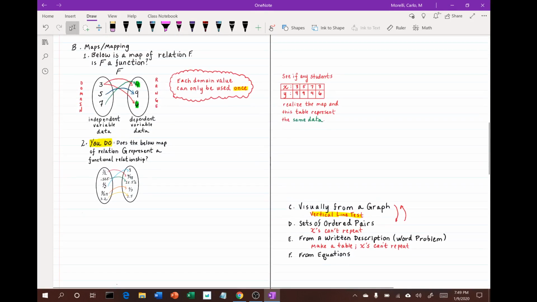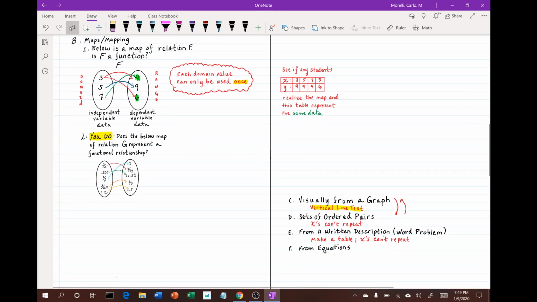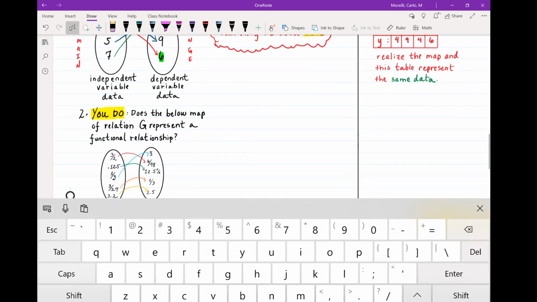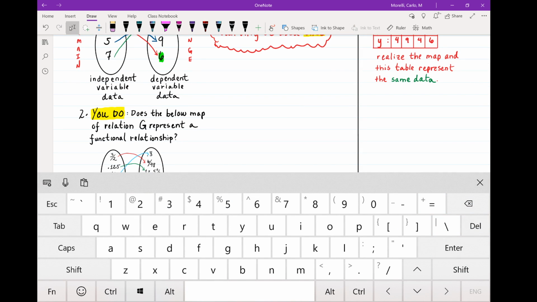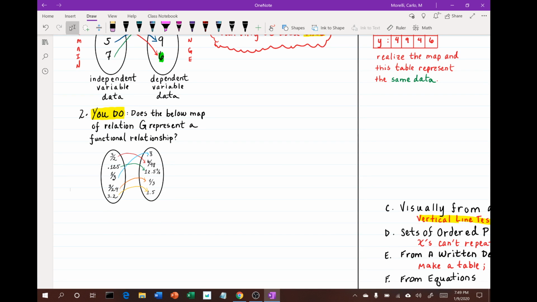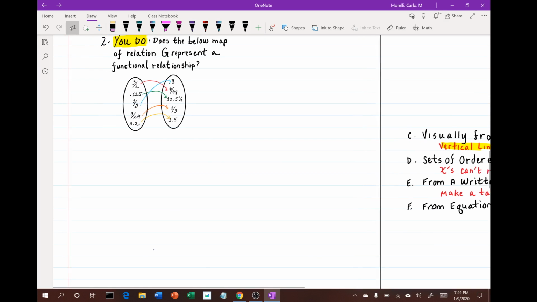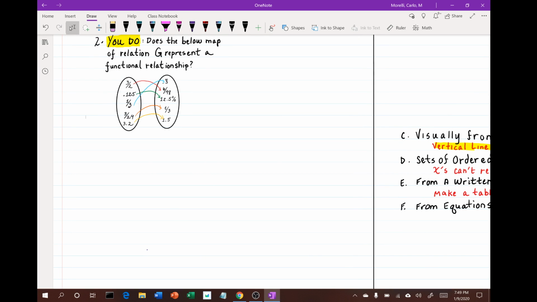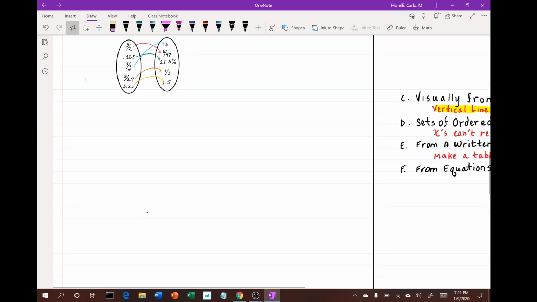All right, so this is going to be like the vertical line test. Let me zoom in here. All right, so this is new.